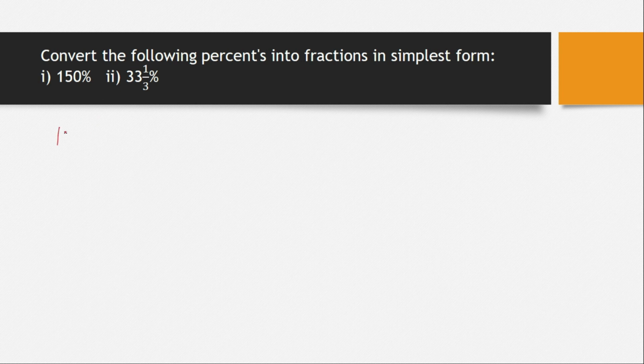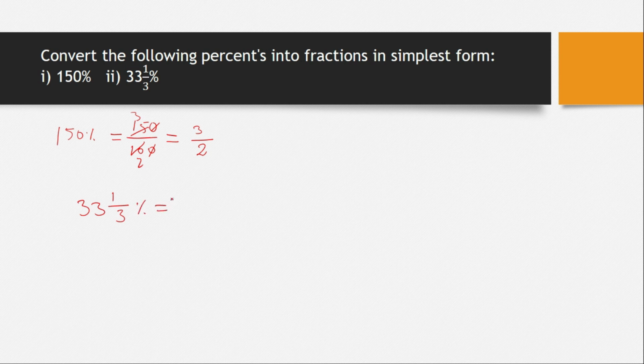We will write 150% can be written as 150 by 100, or if we reduce it, then we can write it as 3 by 2. The next one is 33 whole 1 by 3%.